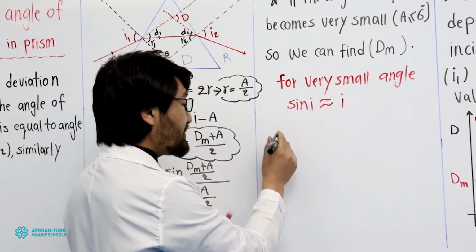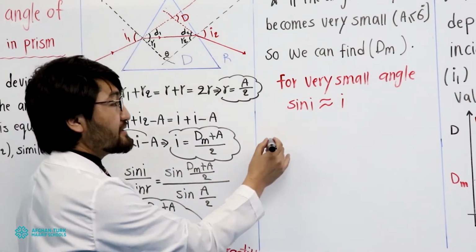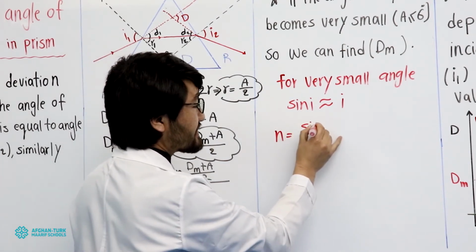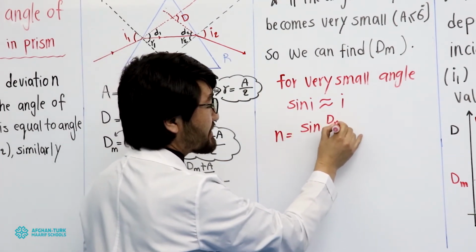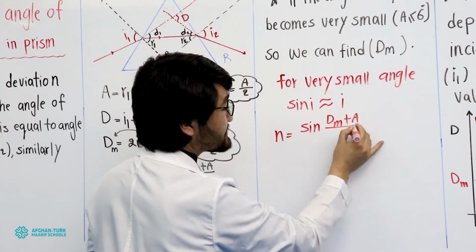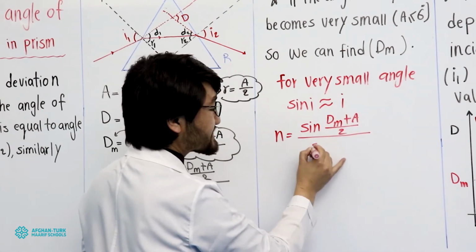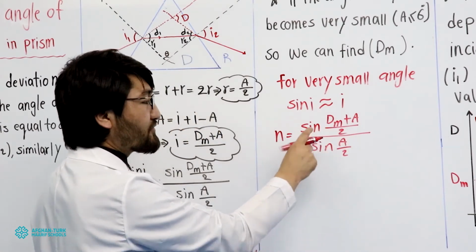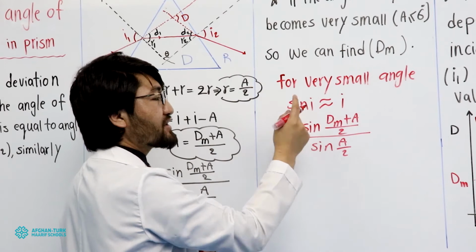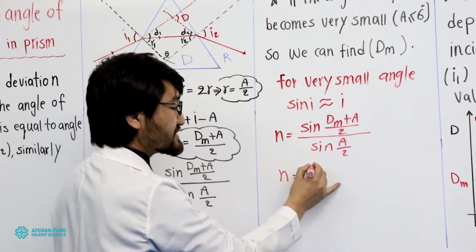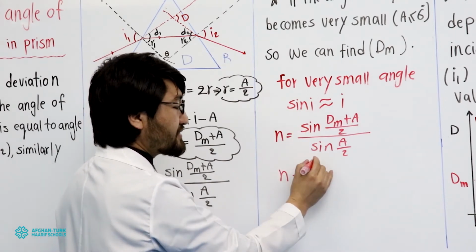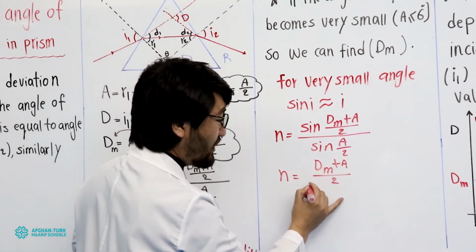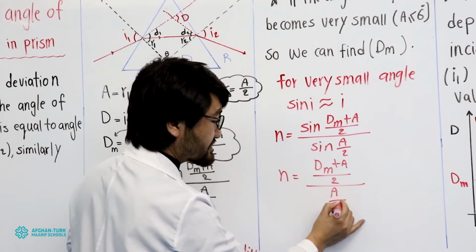Here we have n is equal to sine of (Dm plus A) over 2, over sine of A over 2. For a small angle, we don't write sine. I will write n is equal to (Dm plus A) over 2, over A over 2.